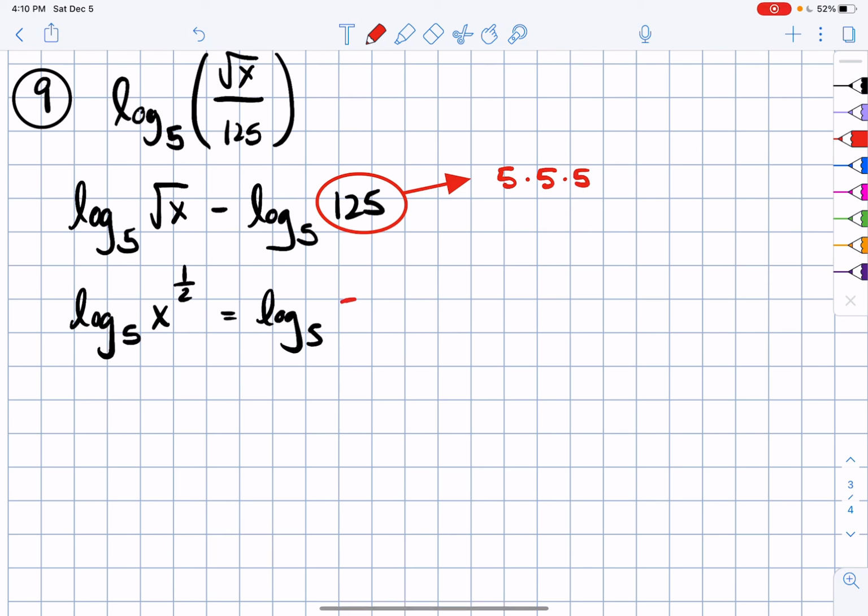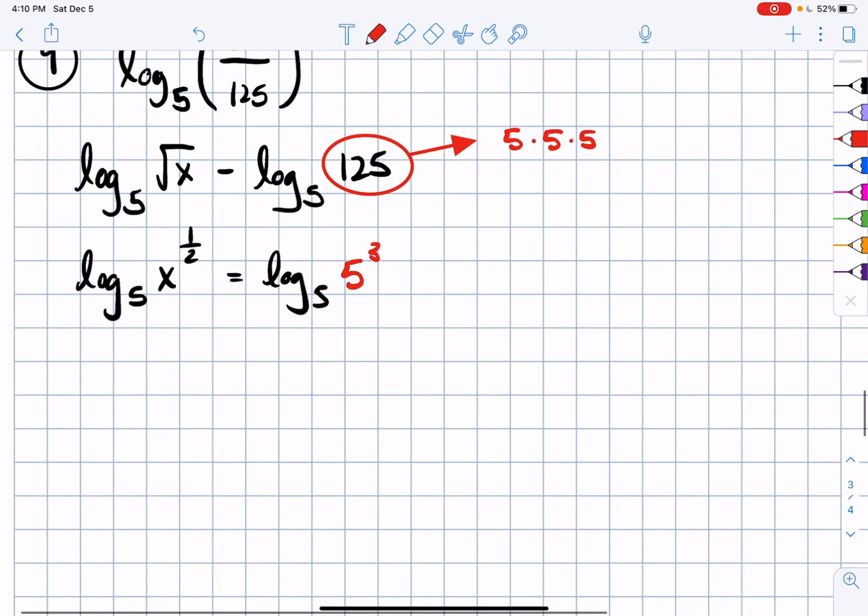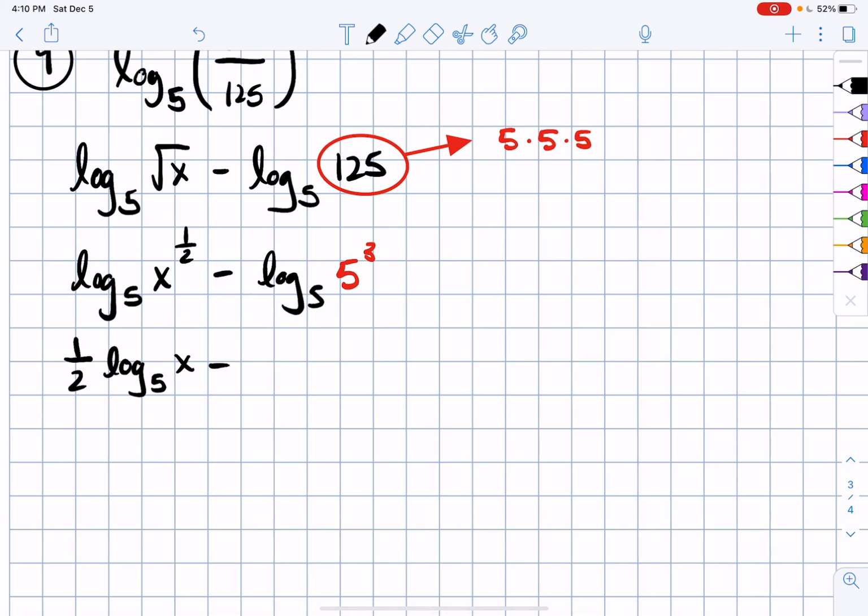So that would be 5 to the 3rd. Okay? So with that being said, now still the power rule, I'm going to have 1/2 log base 5 of x. Oops, this should not be equal, it should be minus. So that minus 3 log base 5 of 5.